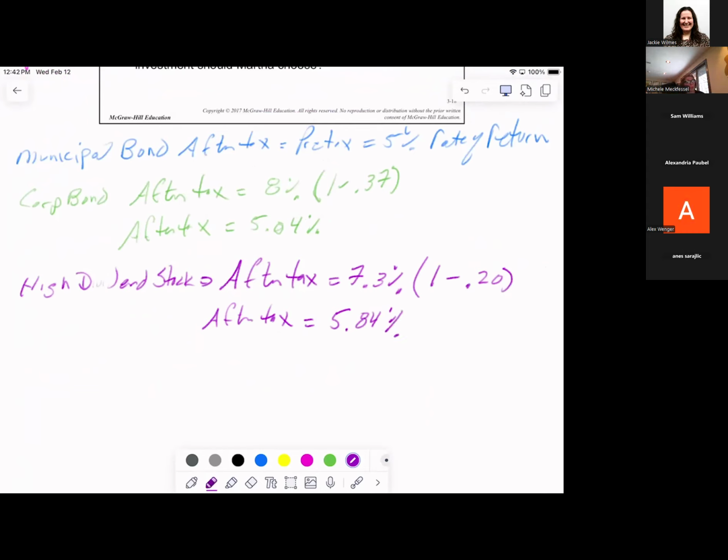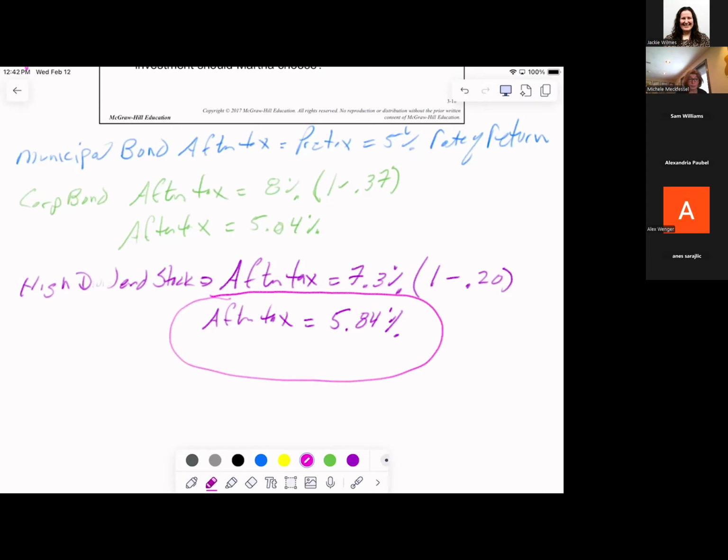Now we have those three investment choices, and we've got their after-tax rates of return for all three. All we have to do is find the one that is the largest, and the one that has the largest after-tax rate of return is that high dividend stock. And so that is the one that we would choose.